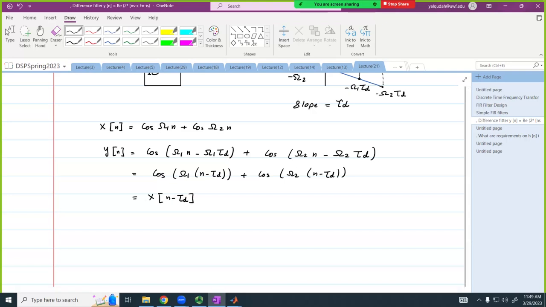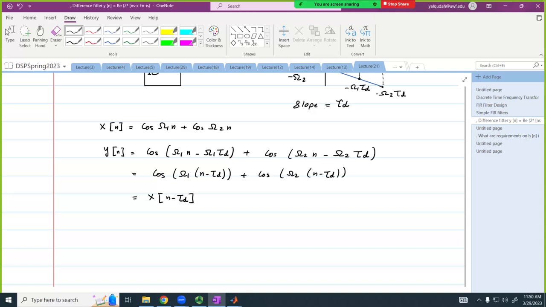What does all that mean? It means the signal went through the system with no distortion. It just got delayed by tau delay. Does that make sense? All the frequencies were delayed by the same amount of time. In the input we have two frequencies, omega 1 and omega 2.